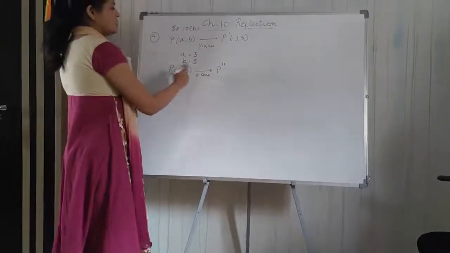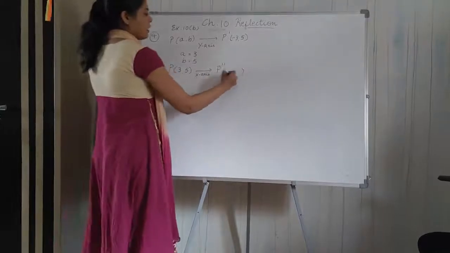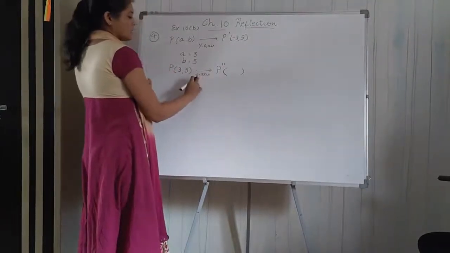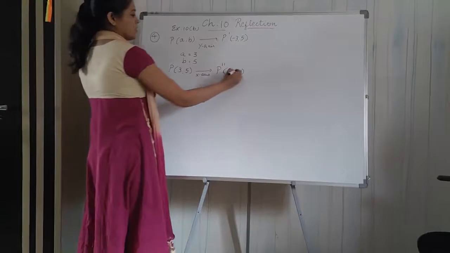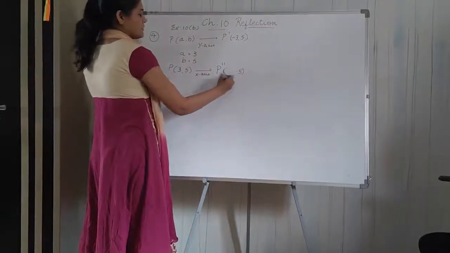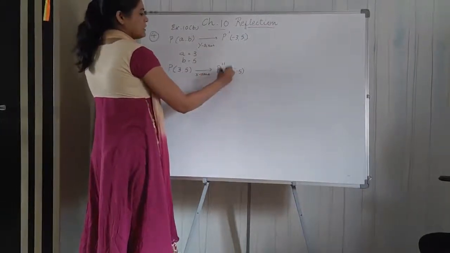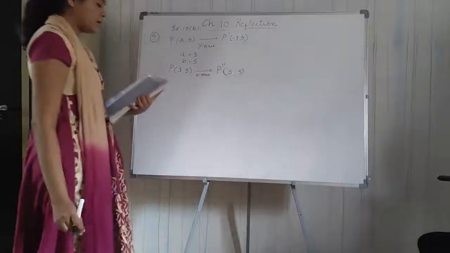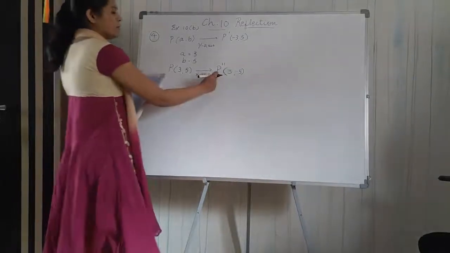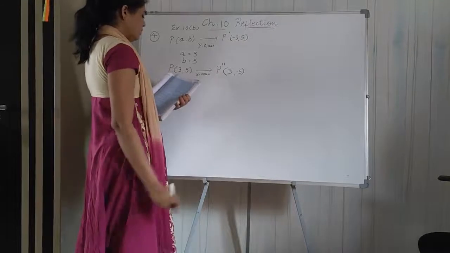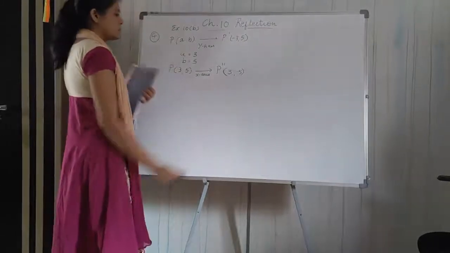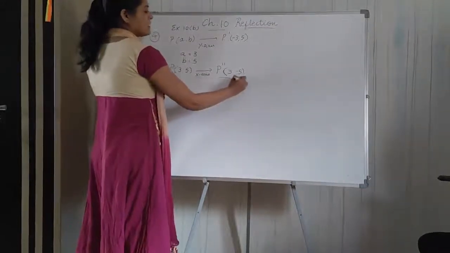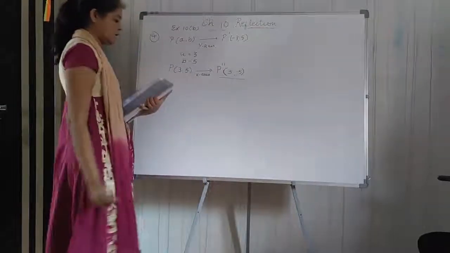So what is the change in the coordinates? You see, under the x-axis the y coordinate changes sign. So the y coordinate changes to -5 and the x coordinate remains as it is. So it is (3, -5). This is the image P''. Write down the coordinates of P''. So here is the answer: P'' is (3, -5).